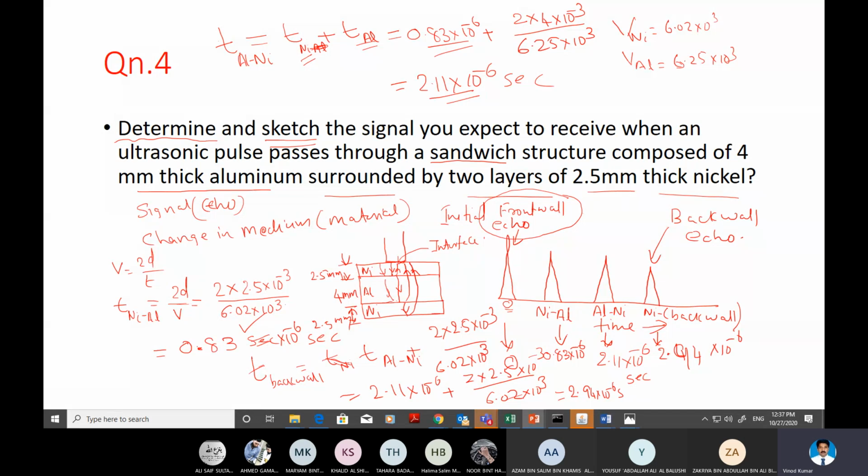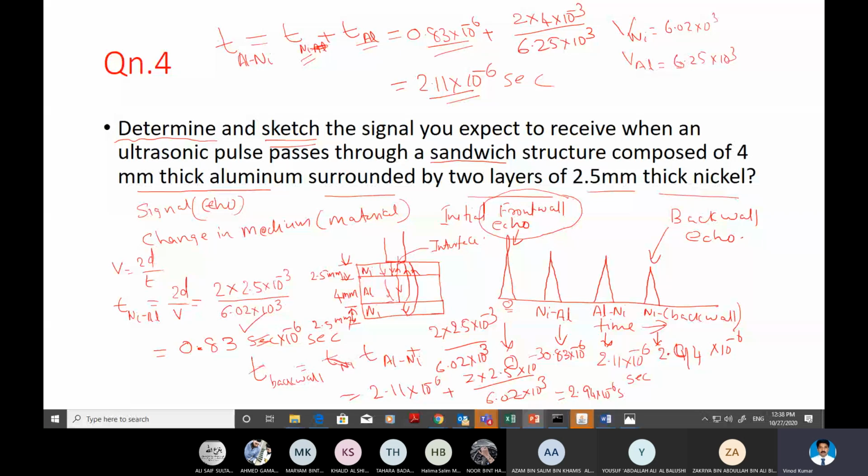I will try to finish the lecture tomorrow, or I may continue with the tutorial. If I continue with the tutorial, Sunday I can finish the lecture, right? So I will continue with the tutorial. If any equations are required, I will take it later, because we are going to continue with ultrasonic inspection on Sunday also, because we have to finish it. So we will be solving more questions tomorrow.